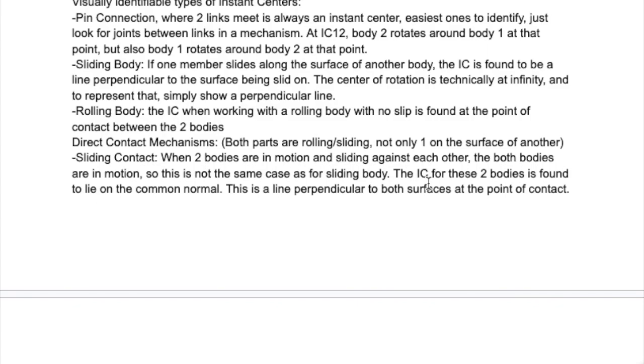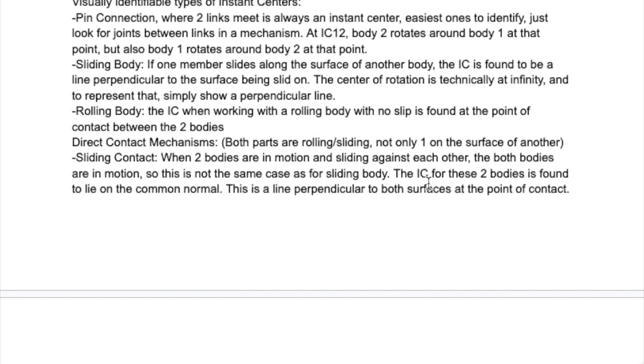The normal line is a line which is perpendicular to the surfaces of both bodies at the point of contact. The two bodies may have curved surfaces, but at their point of contact they're technically parallel. Think of them as parallel, so you can put a line perpendicular to both. There you go. So you now know the instance center is somewhere on that line.